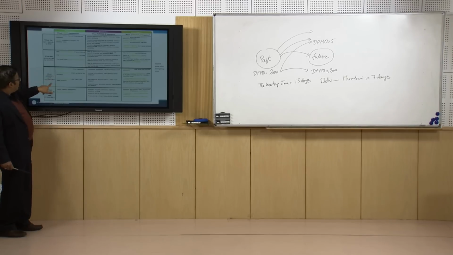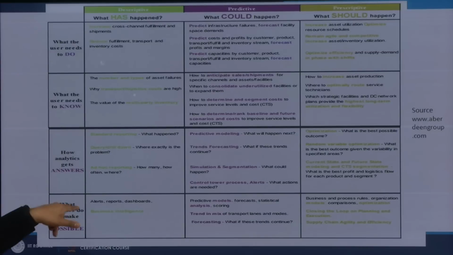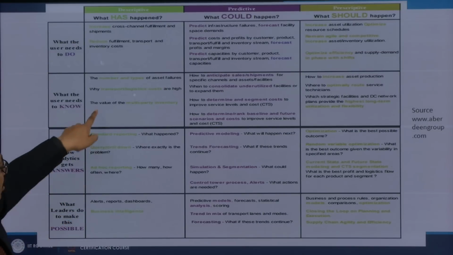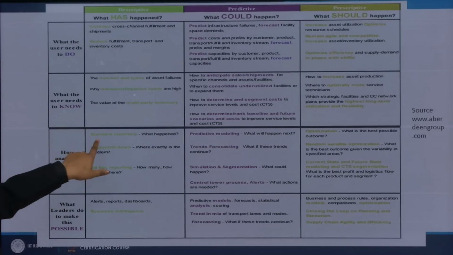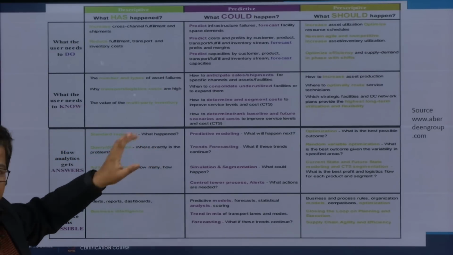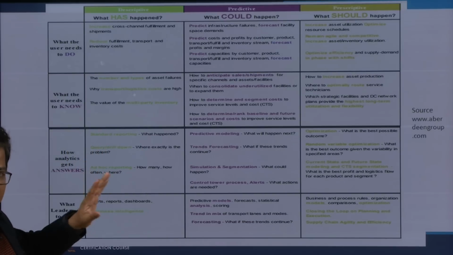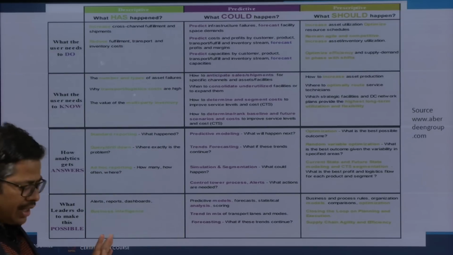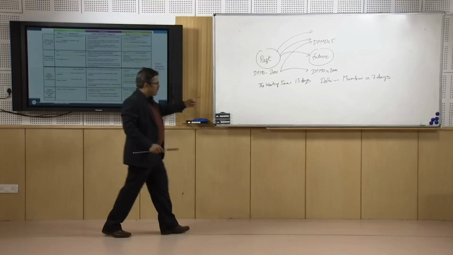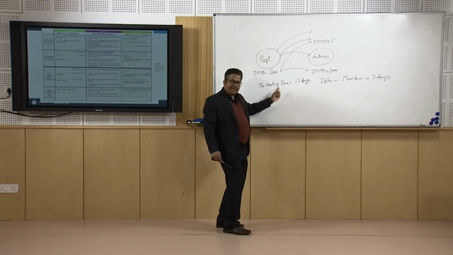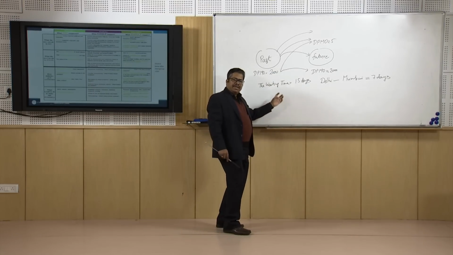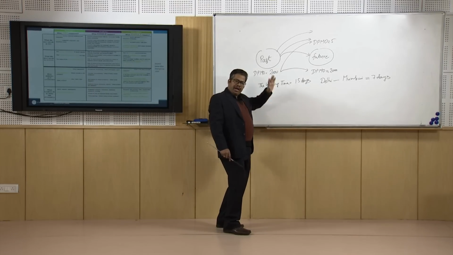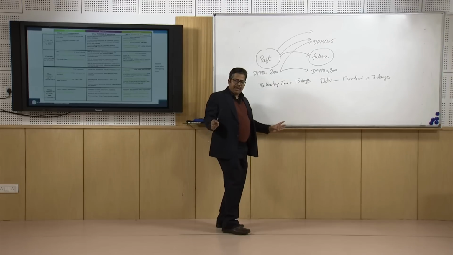Then how does analytics get the answer? For all these things you need to see first the standard reporting system. What has happened? Simply the presentation of data, that these are the waiting times, these are the defects per million opportunities, these are the lead times, and so on, whatever is there in your dashboard.